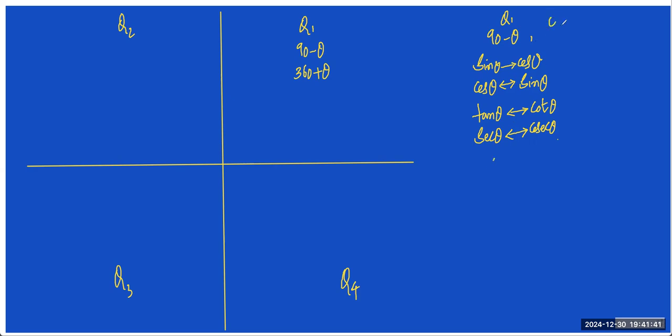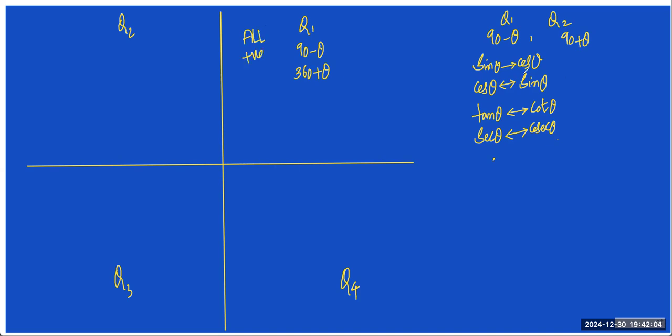The same concept will repeat for 90 plus theta also. 90 plus theta means up to here, 0 to 90, it is the first quadrant. From here, if you are moving, then immediately you will come to the second quadrant. Okay, 90 plus theta. Here, all positive.